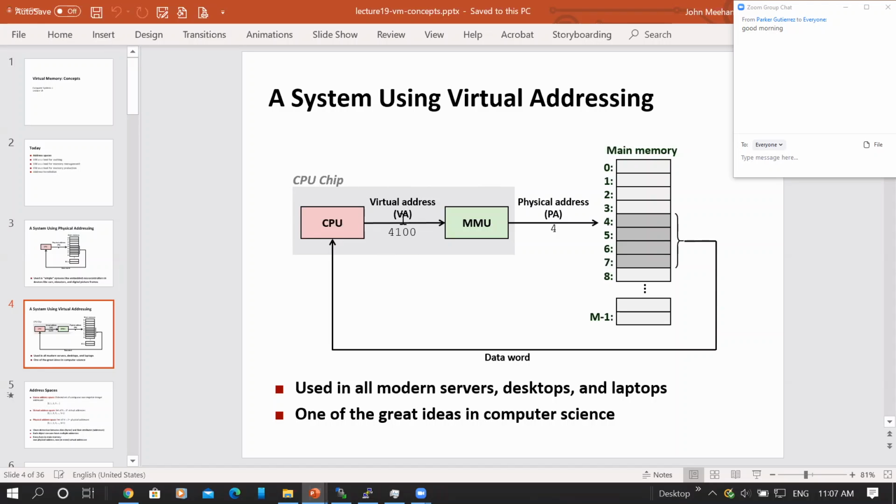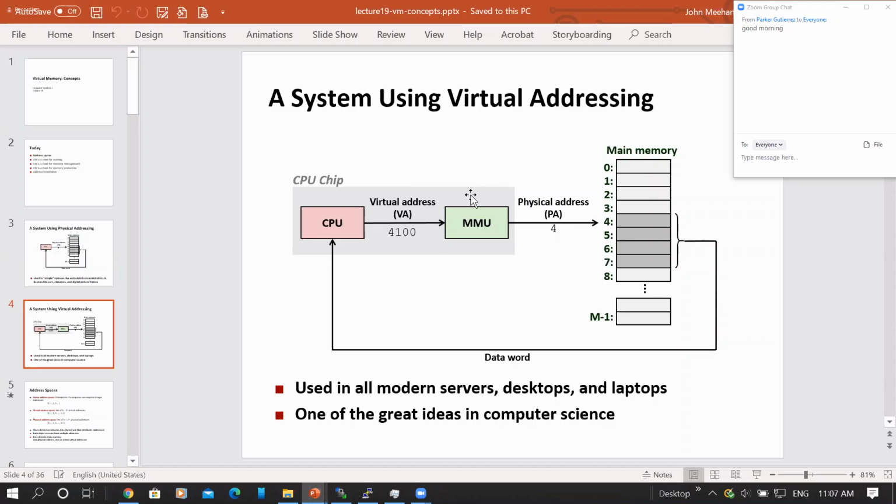All these addresses we've been looking at in GDB and in our assembly language are actually virtual addresses that are generated by the process. And the virtual address is then mapped to a physical address.